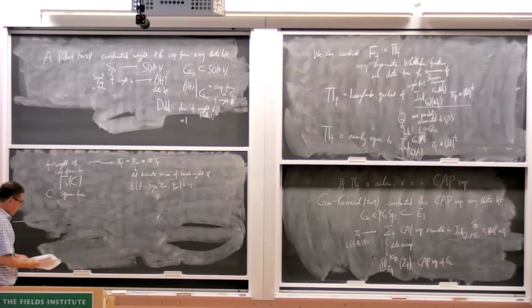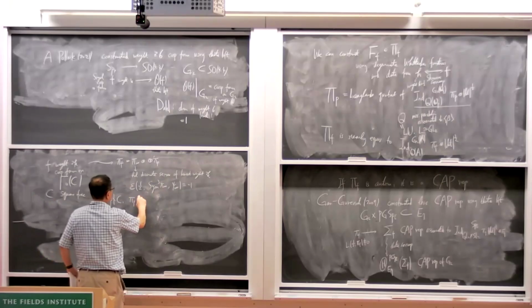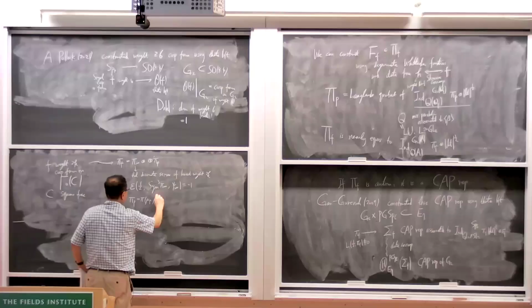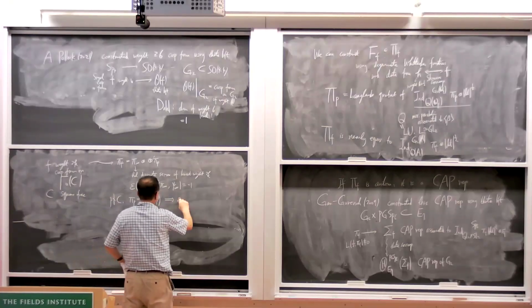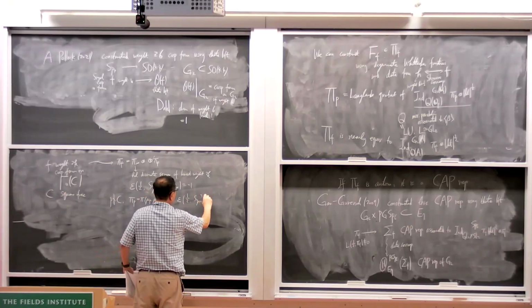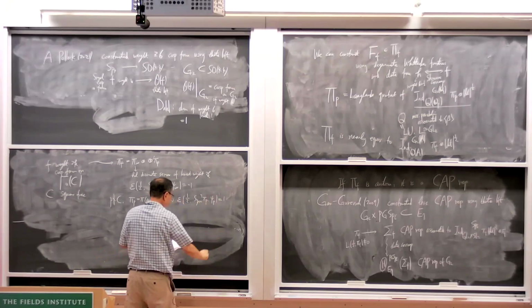And if p does not divide C, then pi_p is the unramified principal series with mu_p inverse. So in this case, the epsilon factor is 1.